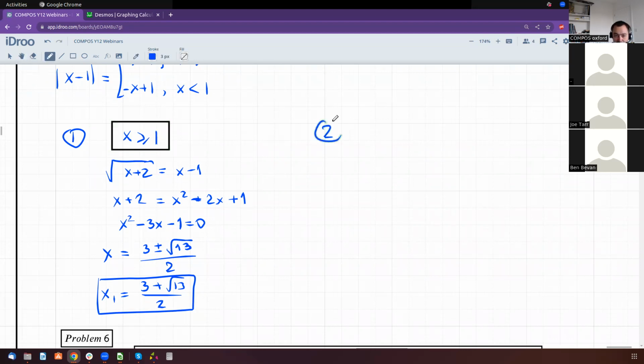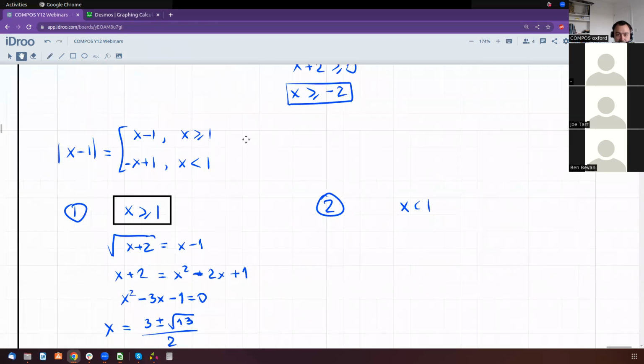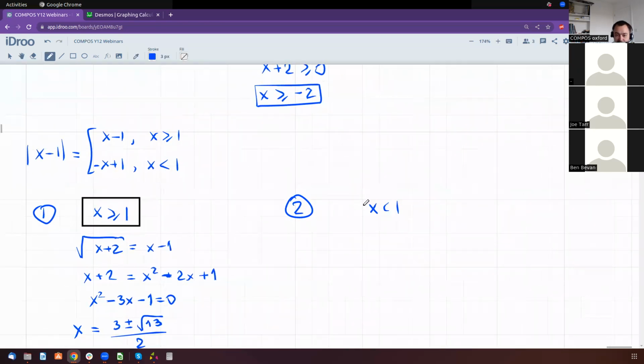Case 2. Now x is less than 1, but we remember also the domain of the equation, so it has to be greater or equal to minus 2. So in this case, x plus 2 equals minus x plus 1.